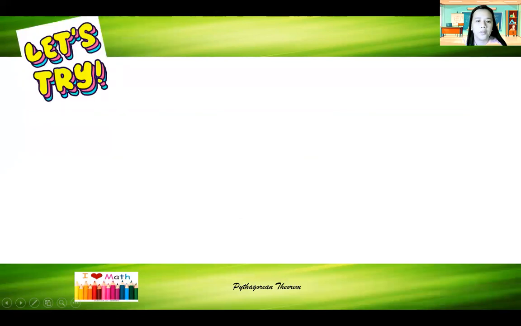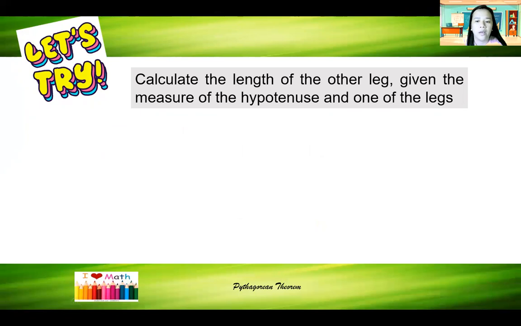Okay, it's your turn. So calculate the length of the other leg given the measures of the hypotenuse and one of the legs. Now the given is 13, the hypotenuse, and 12 for the other leg. Ano kaya ang sukat ng isang nawawalang leg?